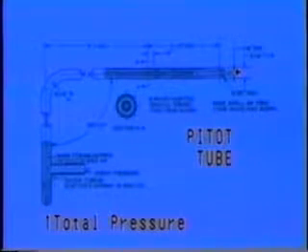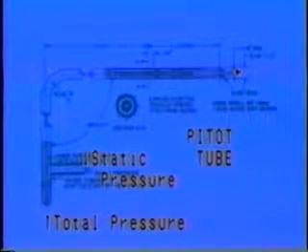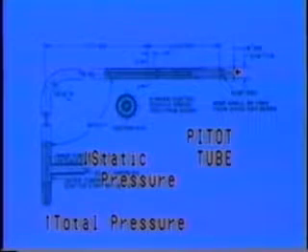The outer tube has a number of small radial holes in its wall, and the space between the two tubes conveys to the manometer the static pressure. The velocity pressure, as discussed, is the difference between the total pressure and the static pressure. These devices have proven to be the most reliable for end-of-duct static pressure sensing.